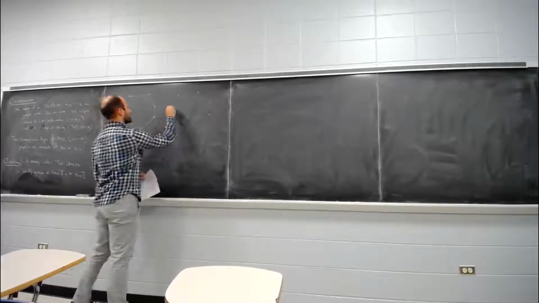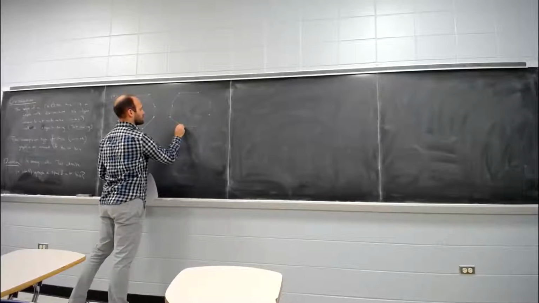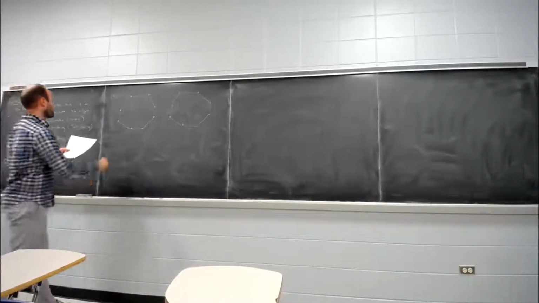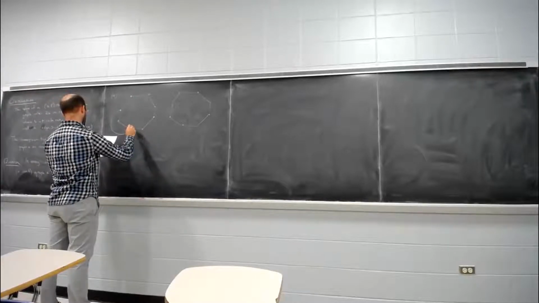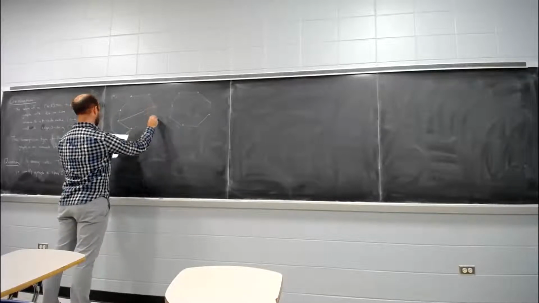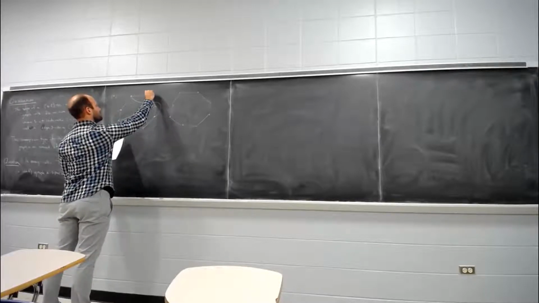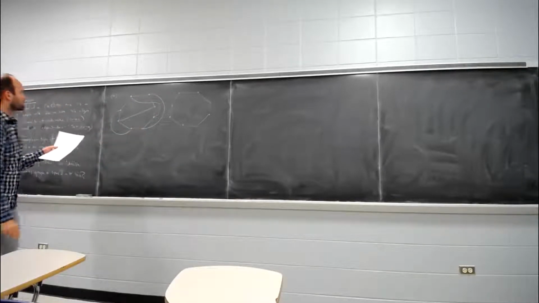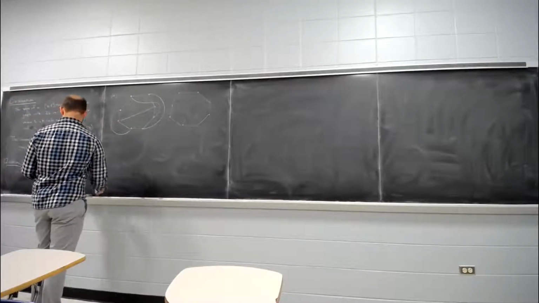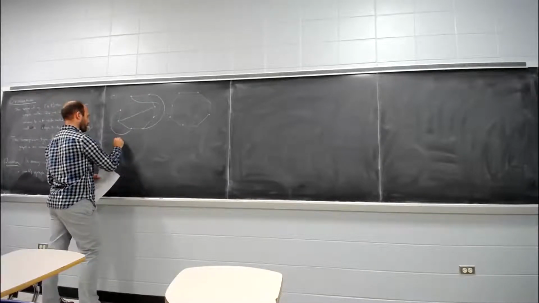Okay, a couple of graphs here. Okay, so this is one graph. What is this? This is a 4-1, I think.